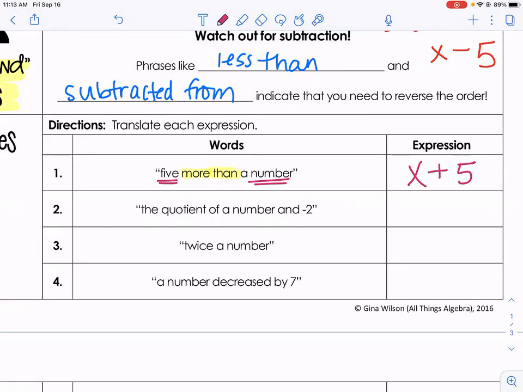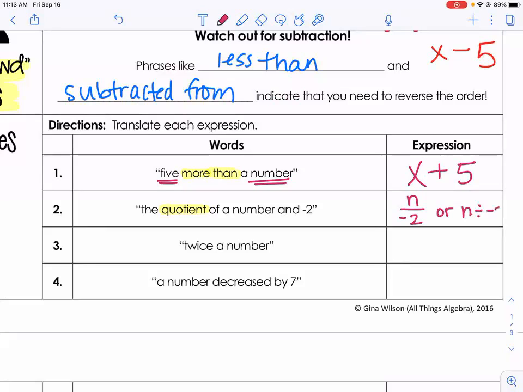So when it says a number, we're just going to write some sort of variable. Okay. The quotient of a number and -2. Quotient means to do what? Divide. So you can write a number divided by -2 or -2 divided by a number.